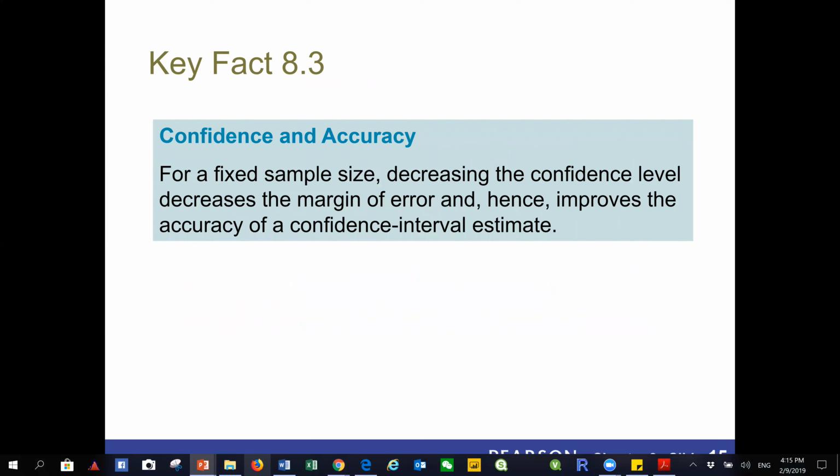For a fixed sample size, decreasing the confidence level decreases the margin of error, and hence improves the accuracy of a confidence interval estimate.